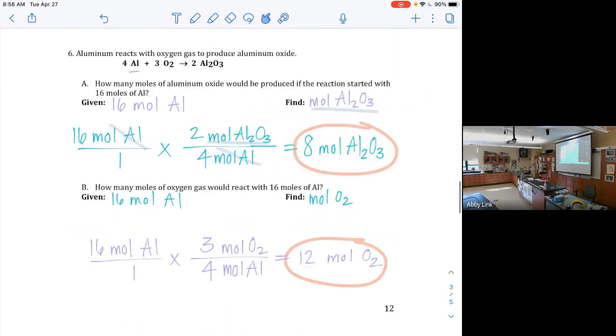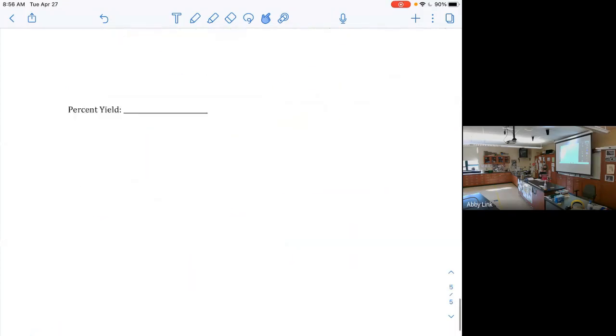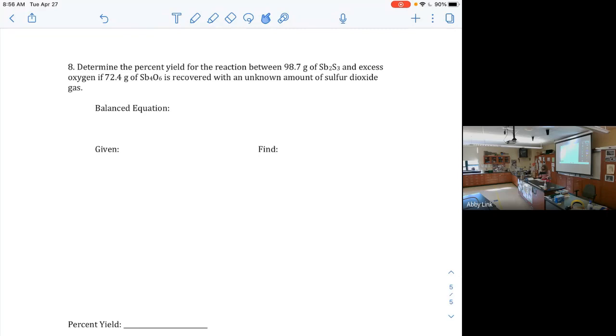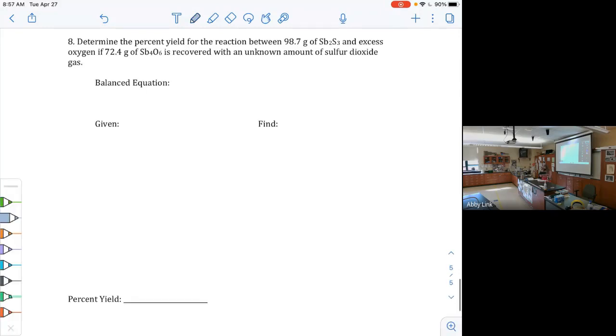All right, last but not least, I think we've got number 8 left at the bottom, which let me find on my sheet. Here we go. You should end up with a percent yield of 85.5% yield of the Sb4O6.